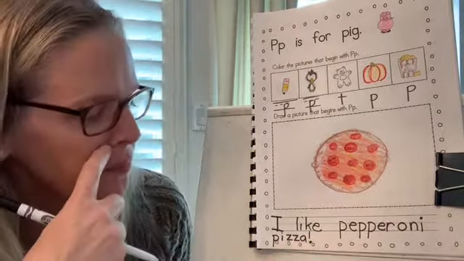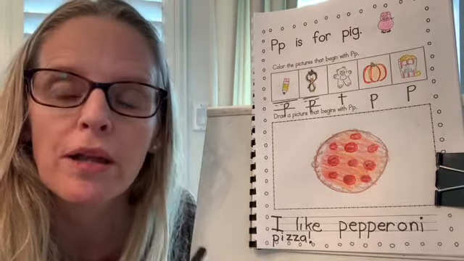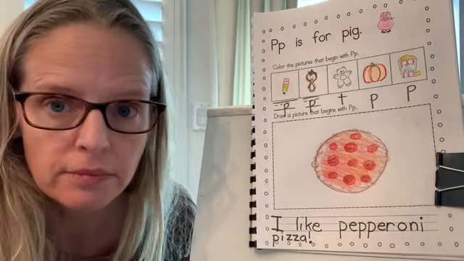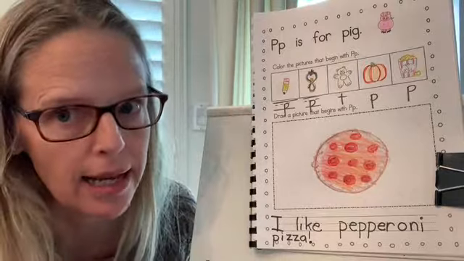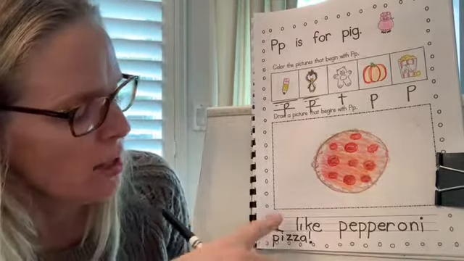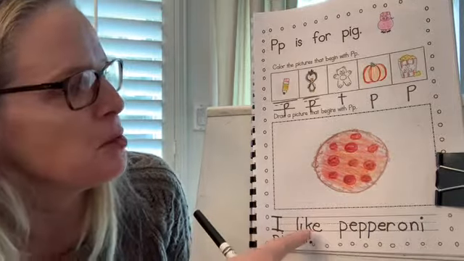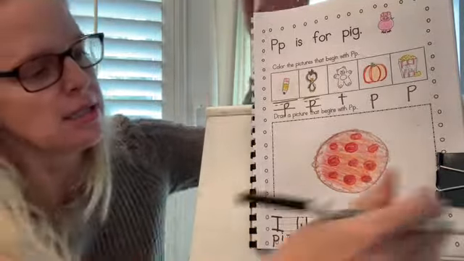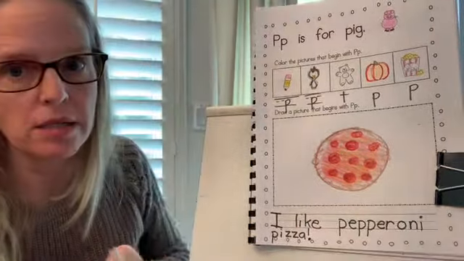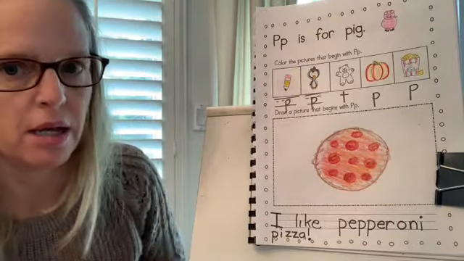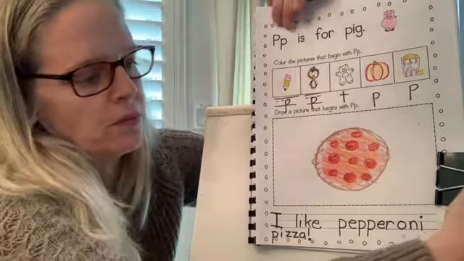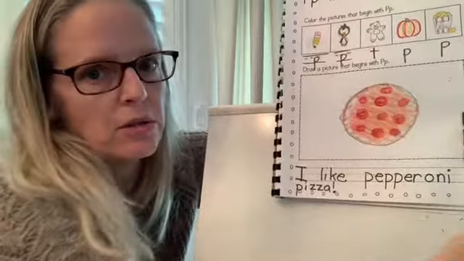Now, for those of you that wanted to write the word don't, like I don't like pepperoni pizza. You'd have to write don't before like. I'll help you spell don't, just in case you want to write don't, okay? So let's move this up a little. We have room here.